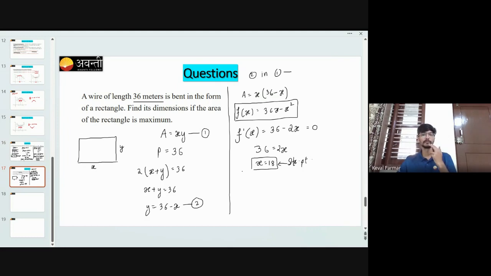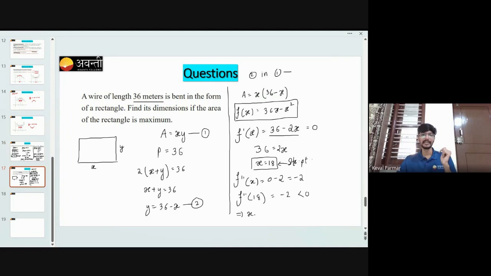So what we'll do, we'll find f double dash of x. Now f double dash of x means we have to differentiate this again. I guess we'll only get 0 minus 2, which is minus 2. So if I find f double dash at the point, I'll get minus 2. There is no x to substitute, and it is less than 0.